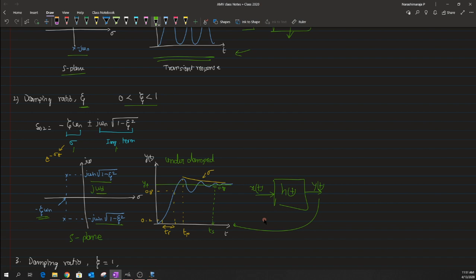The frequency at which this oscillation happens is omega d, and the rate at which the oscillation dies out is defined by the real part, zeta times omega n, which here I have taken as sigma. This sigma value is nothing but zeta into omega n, and this quantity will define the rate at which this oscillation will die out. So if this zeta has a large value, then the rate at which this falls down will be much quicker.